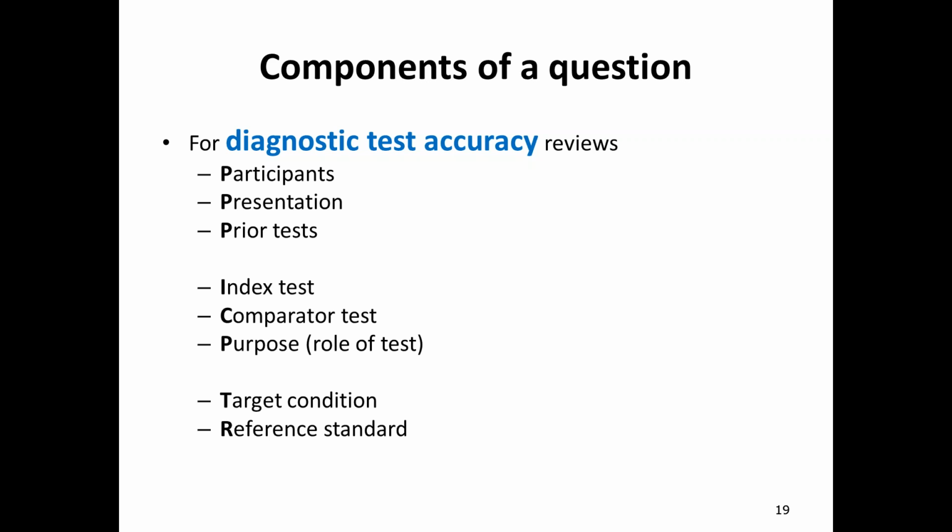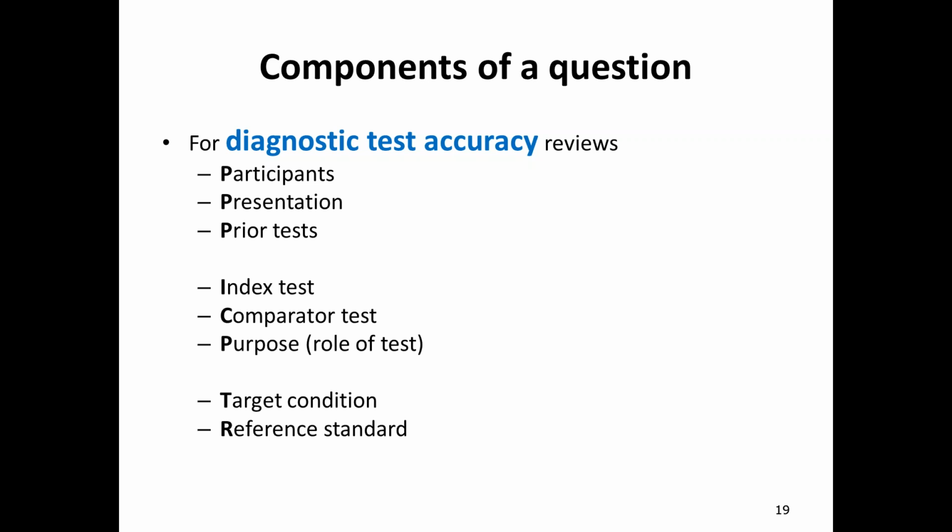And similarly, sometimes patients have had previous tests before they actually are thought of as having a second test. So it may be that they've got negative or positive or unequivocal results on a previous test. So we select out patients who've got according to results of prior tests in some situations.